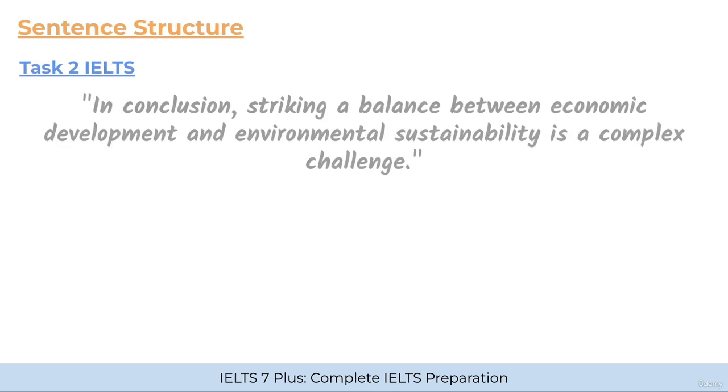Okay, what about task 2? This is where you form your arguments. In conclusion, striking a balance between economic development and environmental sustainability is a complex challenge. Right, so we've got this word and. Does that make a difference here? Or is this still one complete thought?